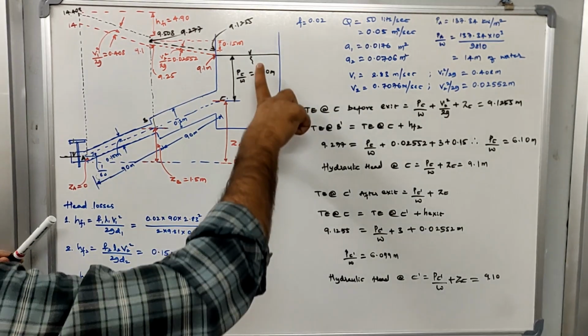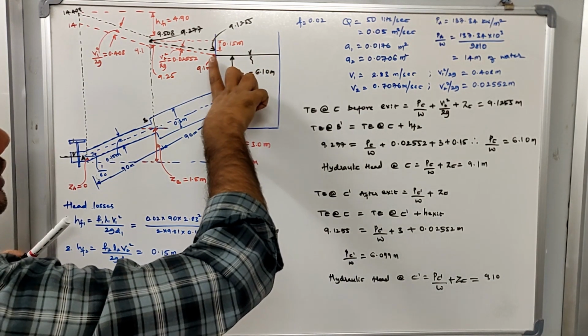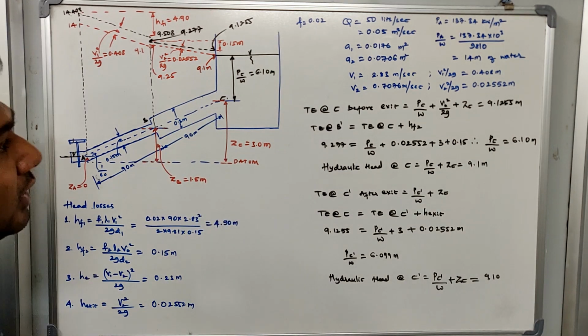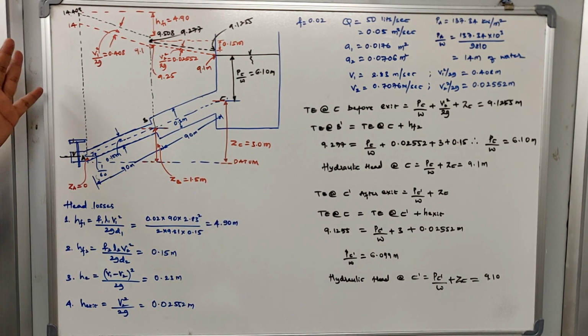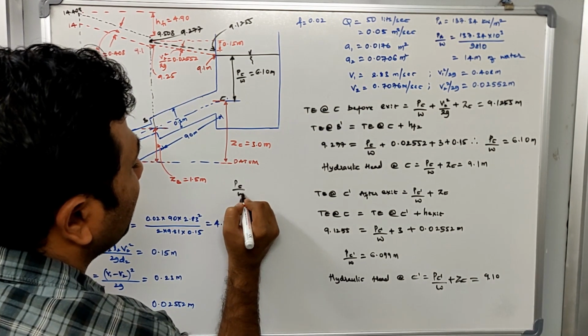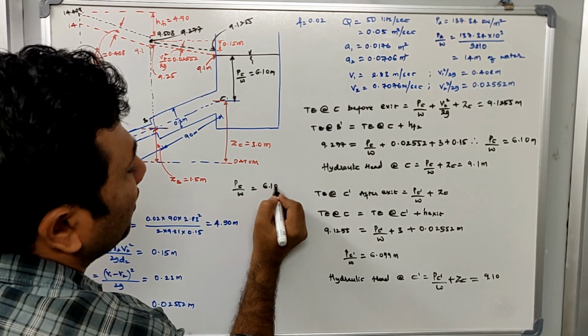So the total hydraulic head will be equal to 9.1 meter, which is equal to the hydraulic head before the exit also. Okay. So this is how we have determined the pressure head at C. So PC by W is equal to 6.1 meter.